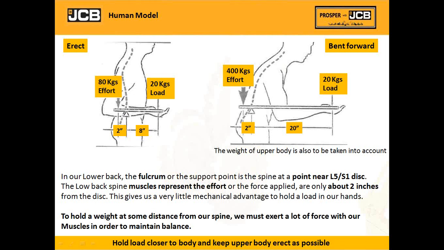Now here if we have a 20 kg load, we are standing erect. That means to balance a 20 kg load, we have to exert a weight of 80 kgs from our spine muscles to lift this 20 kg load. So the overall effort which is coming on the human body is 100 kgs.